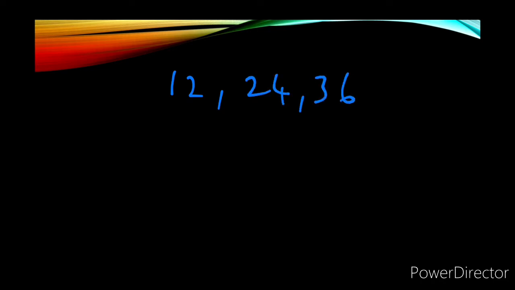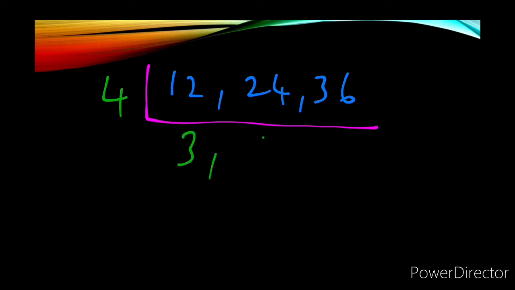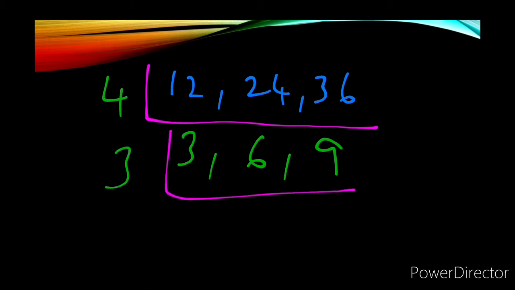By using the same method, divide by 4, 4 3s are 12, 4 6s are 24, 4 9s are 36. Then divide by 3, we get 3 1s are 3, 3 2s are 6, 3 3s are 9.